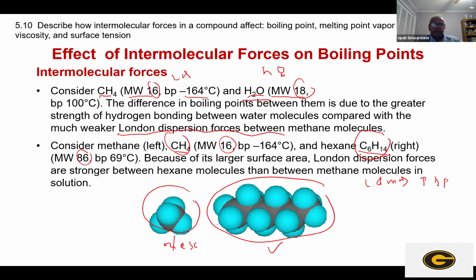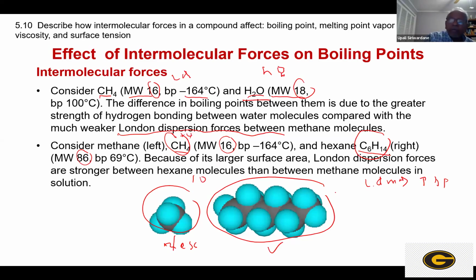Total number of electrons in methane: 6 from the carbon plus 4 is 10.